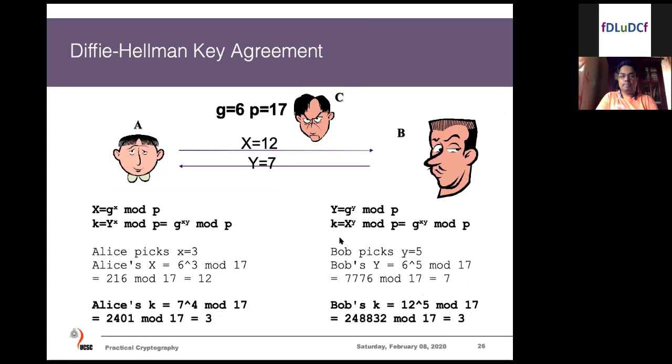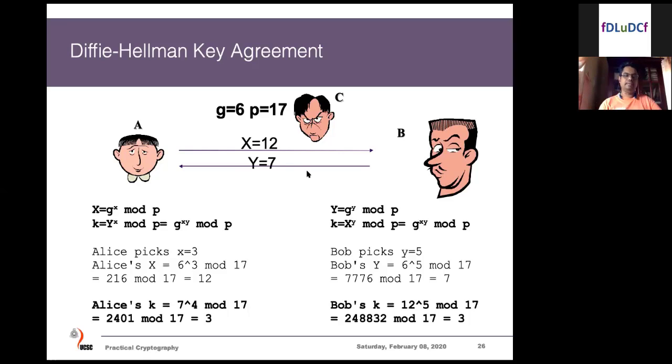In the Diffie-Hellman algorithm, let's say there are two parties who want to talk to each other, named A and B, and there is an intruder C who wants to intercept the communication.